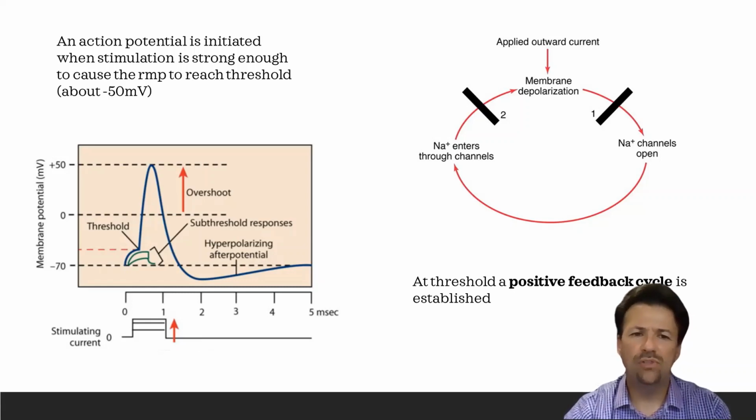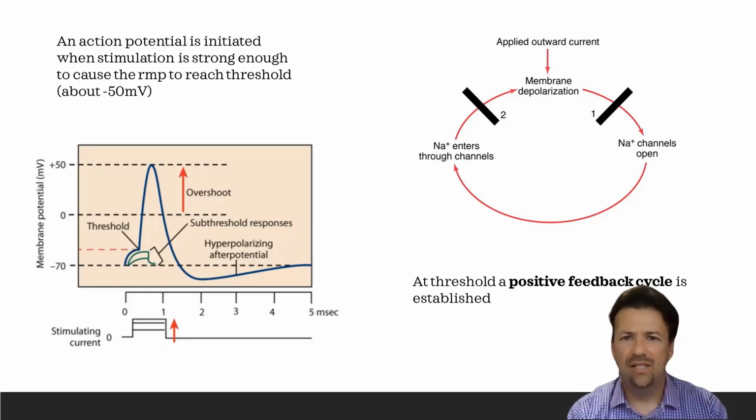Now, when the voltage-gated sodium channel opens, what do you think is going to happen? Well, you will remember that the concentration of sodium on the outside of the cell is higher than the concentration of sodium on the inside of the cell.